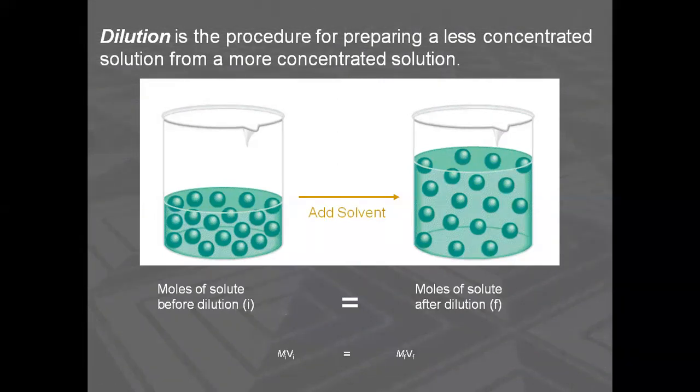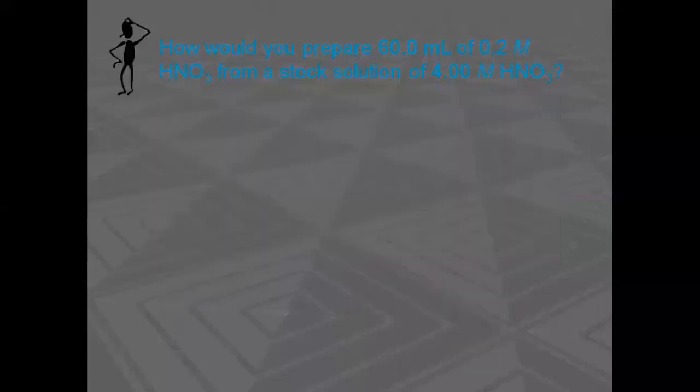During this preparation, the molarity of the initial and the volume of the initial should be equal to the molarity of the final and the volume of the final: M1V1 equals M2V2. So we can find the unknown from the known.